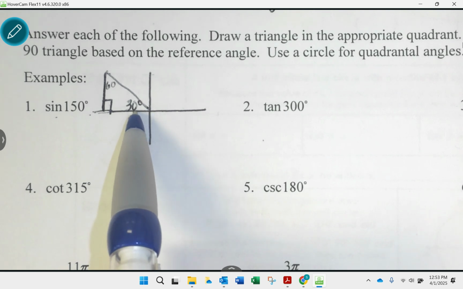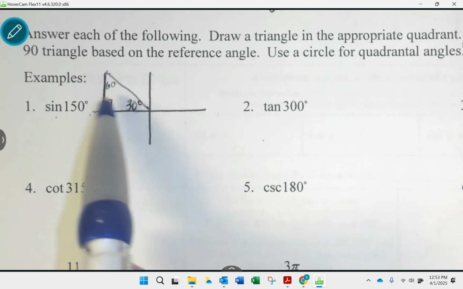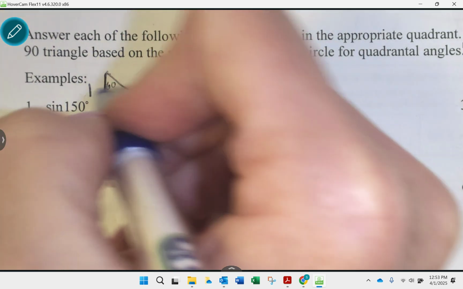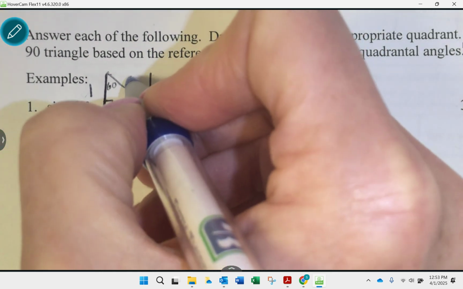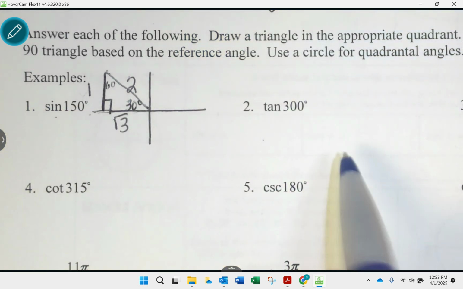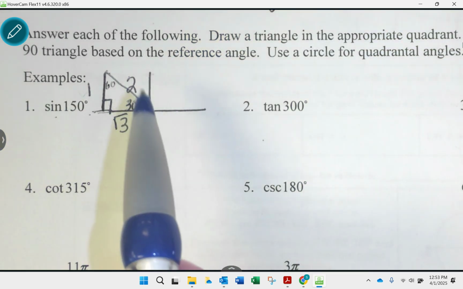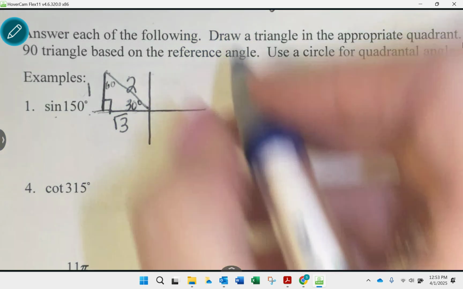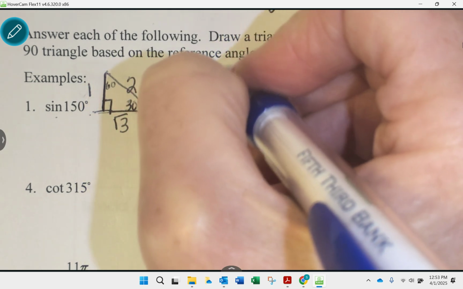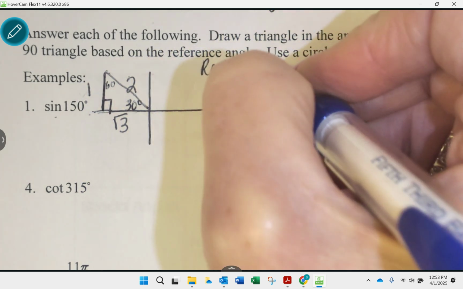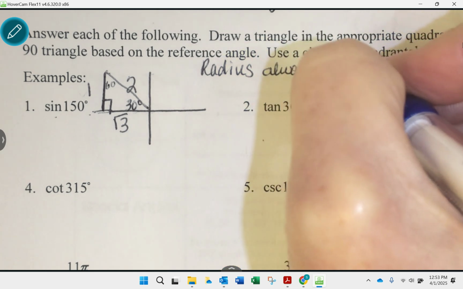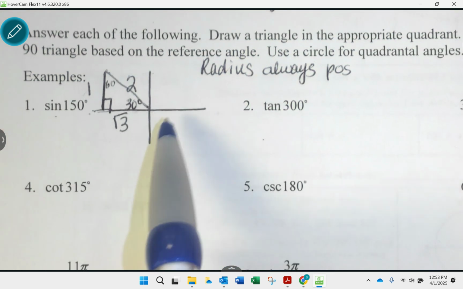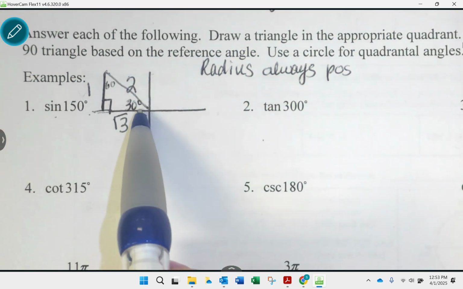But this is our reference angle theta, the one right next to the origin. Across from the 30 is 1. Across from the 60 is radical 3. Across from the 90 is 2. But we also have to think of the signs, whether it's positive or negative. The radius is always positive. But the x and y are going to tell us direction.